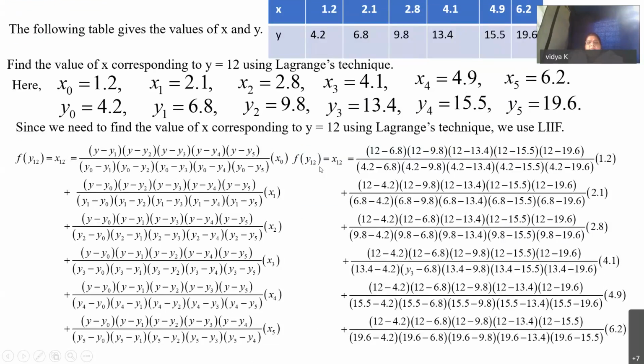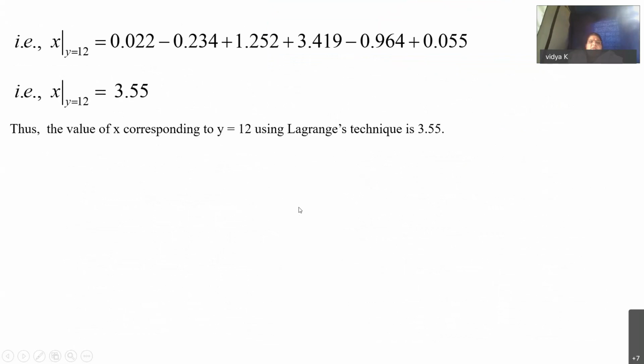So be careful while substituting. What is y? You need the value of x at y equal to 12. So therefore y is 12 minus y1. What is y1 from the table? 6.8. Like that each value you substitute there. Simplify, and you get the value of x when y equals 12 as 3.55.